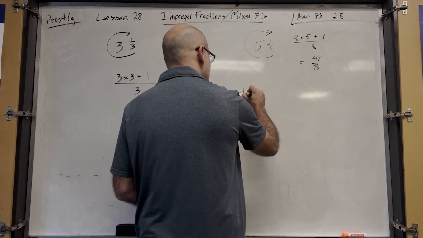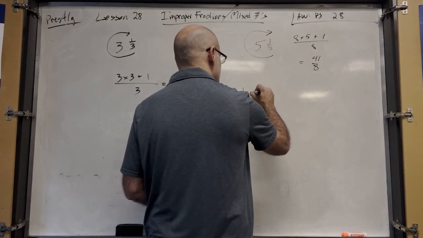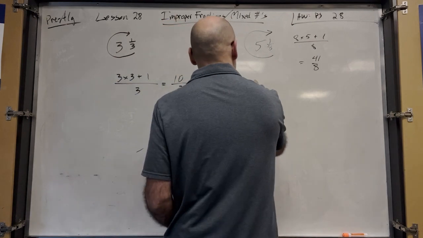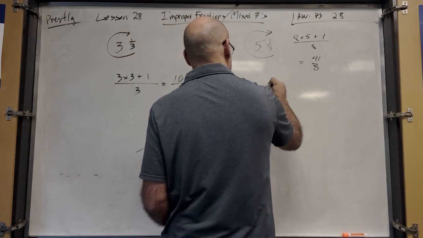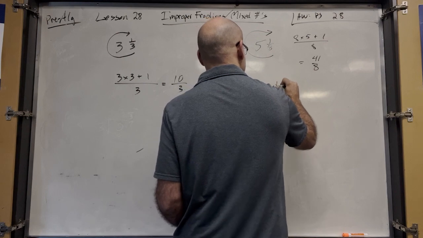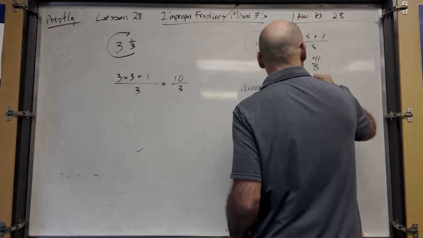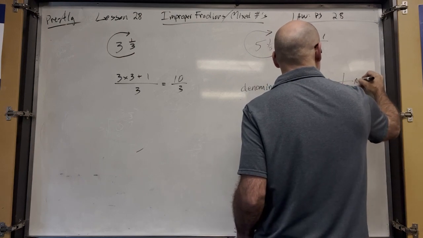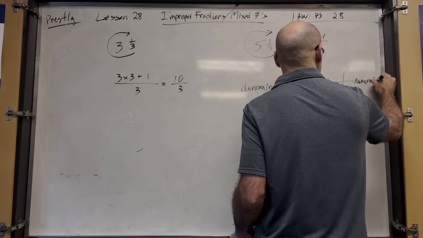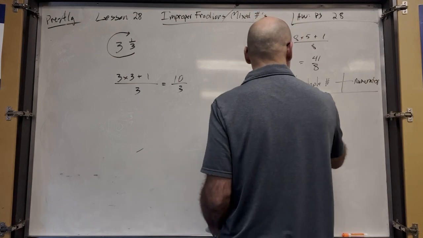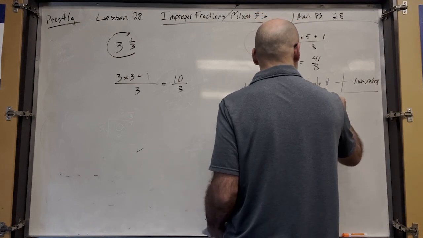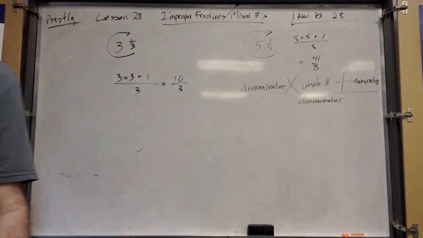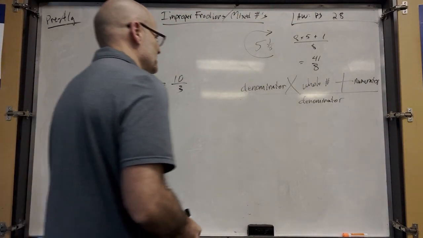So here's your formula: denominator times whole number plus numerator, all over your denominator. That's going from a mixed number to an improper fraction.